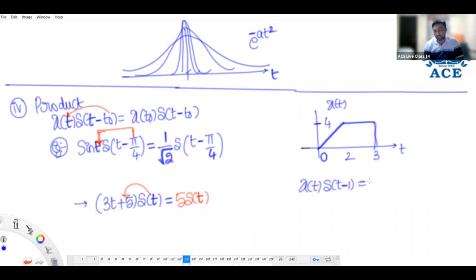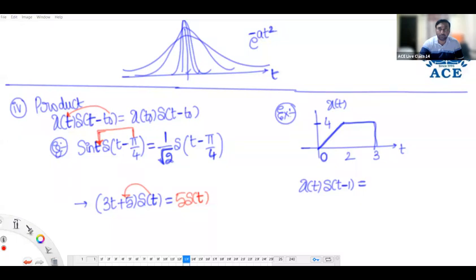x of t into del of t minus 1. The graph of x of t I have also given. Just tell me, is the amplitude sufficient? x of t into del of t minus 1, sir. What will be the amplitude?